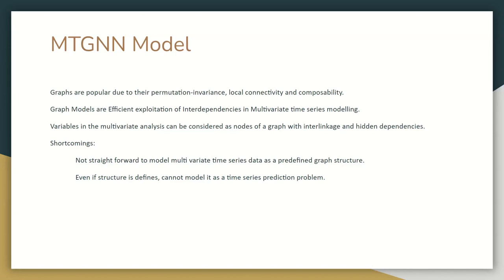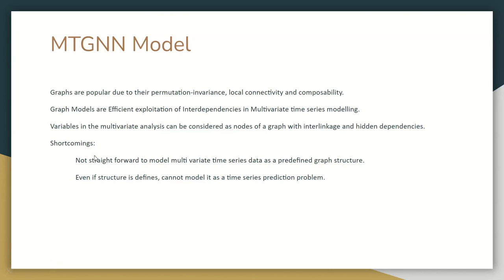We were supposed to extract the interdependencies or the relations between different variables in a time frame format, and therefore graph models make sense in doing that. And of course, that is how we will try to solve it. Variables in the multivariate analysis will be considered as nodes of a graph with interlinkages and hidden dependencies.